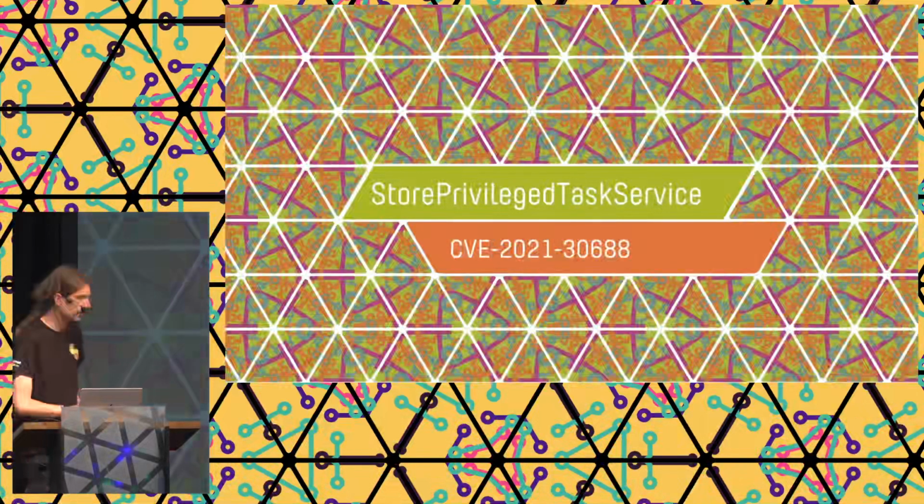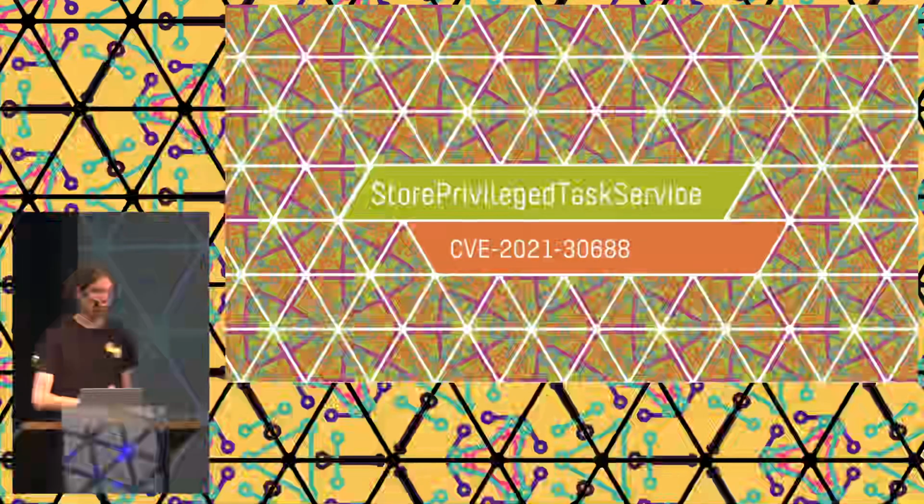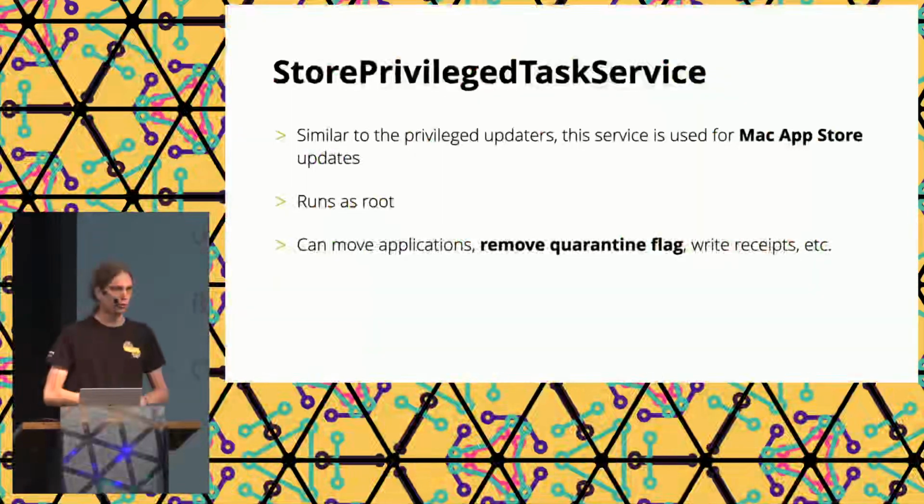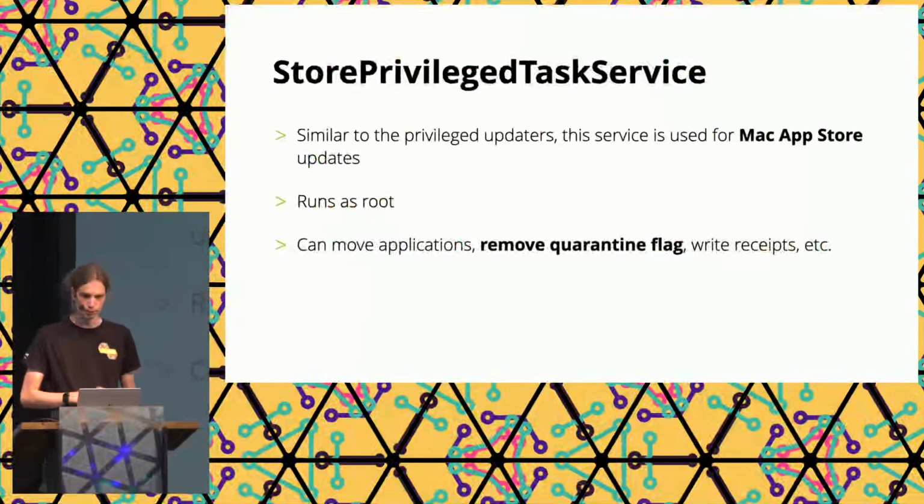And the next one is in the Store Privileged Task service. This was a service installed within macOS, so not a third-party application. This is a service similar to the privileged updaters from the previous step, but this one is used for installing updates from the Mac App Store. This service is running as root, and it can do a couple of things similar as before.